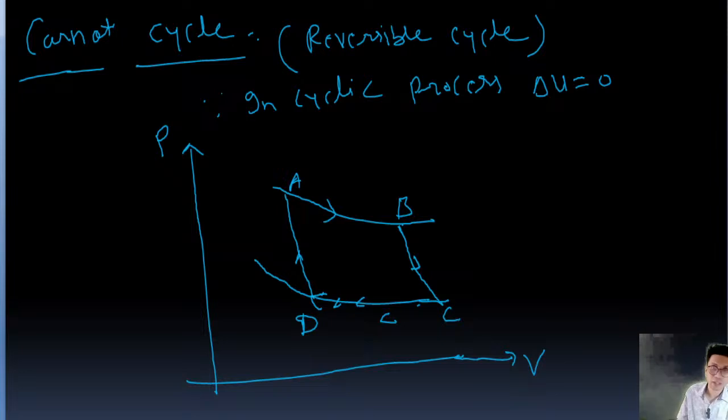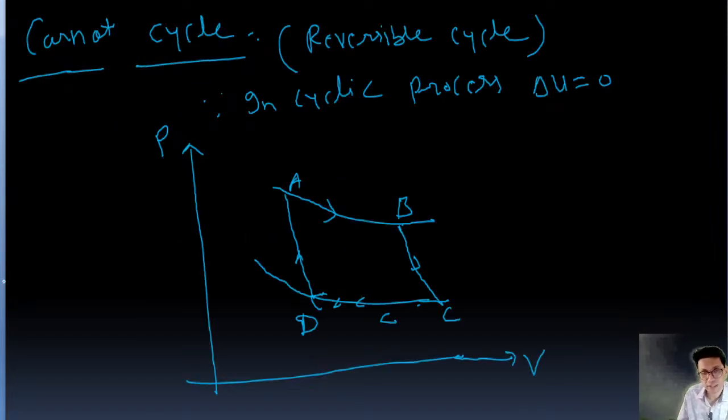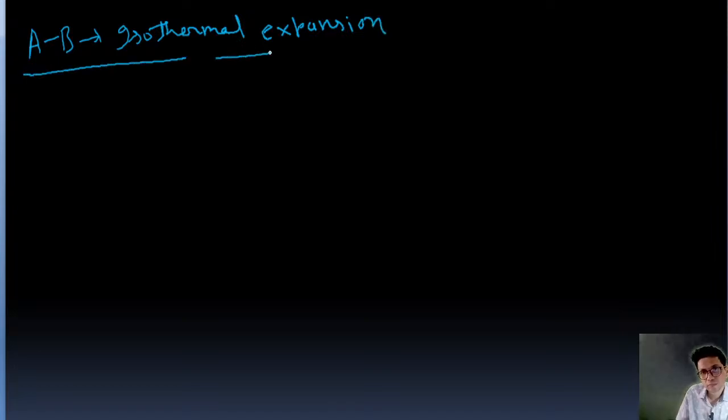Now we'll explain the curves one by one. First the AB curve. From A to B, this is isothermal expansion, because the volume is expanding isothermally, right? In isothermal expansion, Q1 is going to be the total heat, the work done.